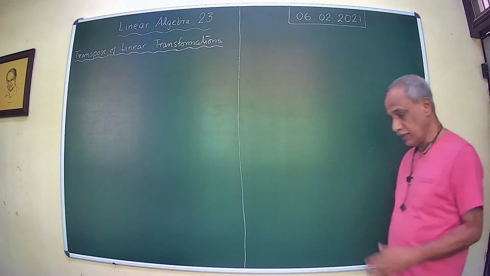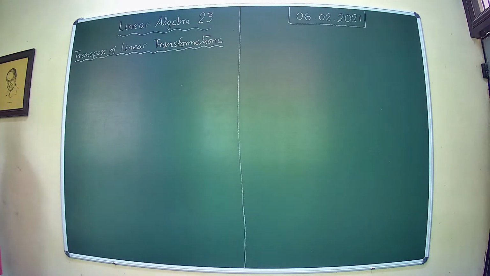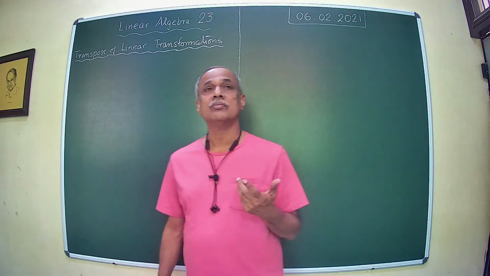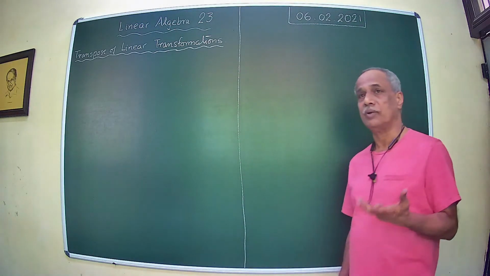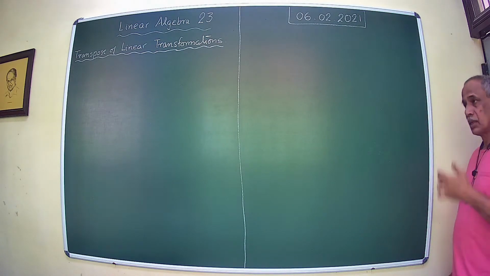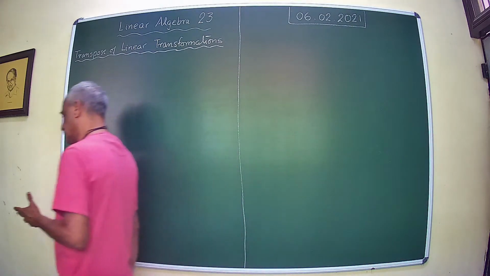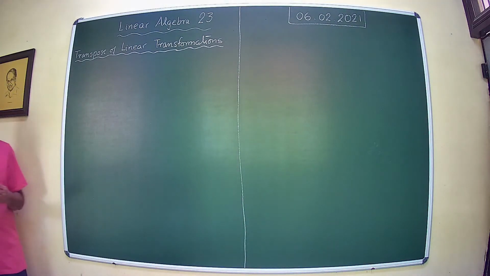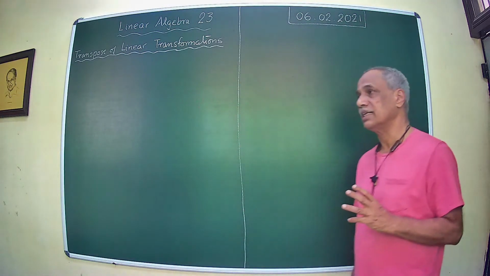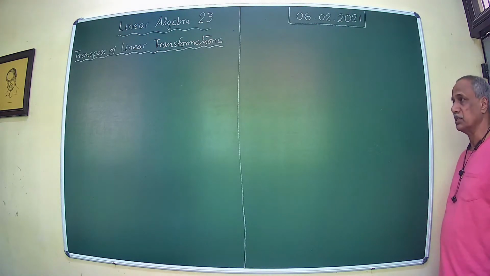And we found that these two matrices, when they are related to one another through the dual basis, are in fact connected by the relation that the matrix representation of the transpose is essentially the transpose of the matrix representation of T.